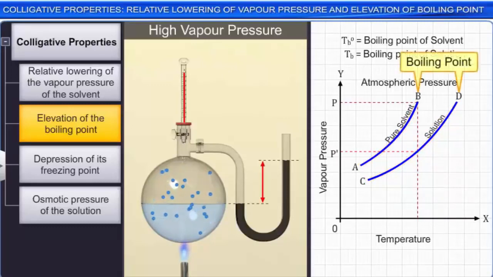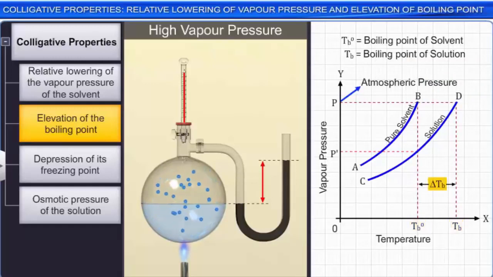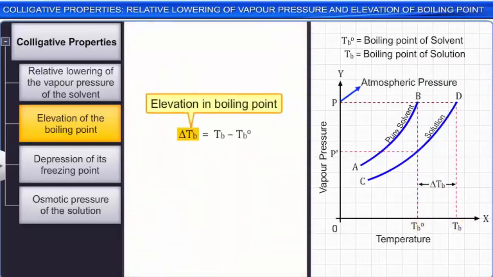The temperatures at which the vapor pressure of the solvent and the solution become equal to the atmospheric pressure are Tb naught and Tb respectively. The difference, Tb minus Tb naught, is represented by delta Tb and gives the elevation in the boiling point of a solvent in solution.